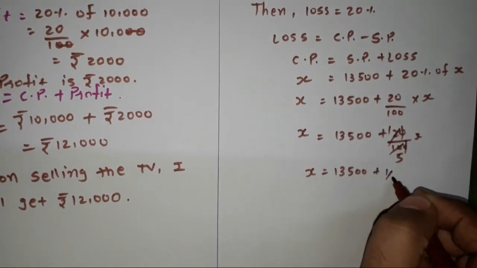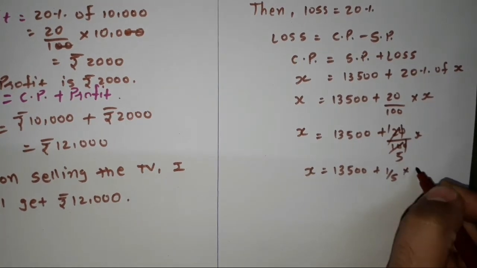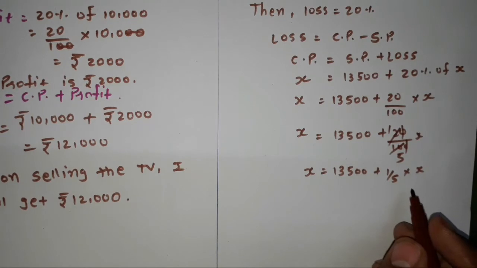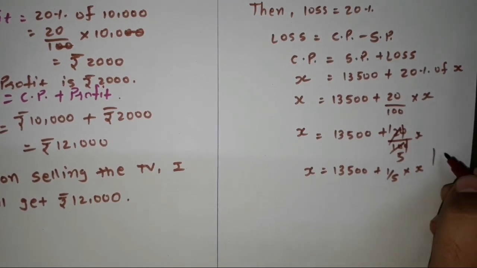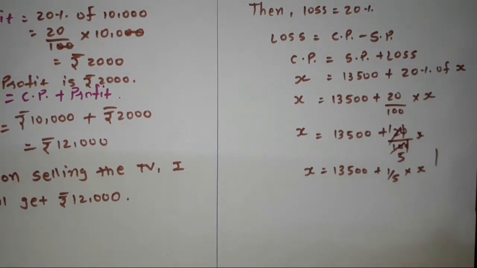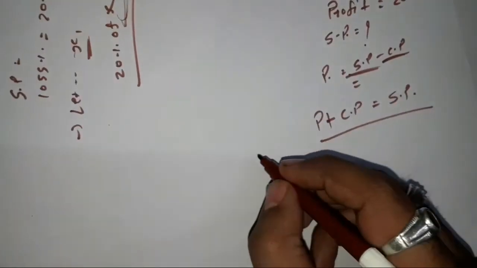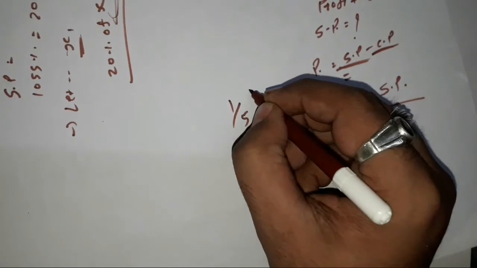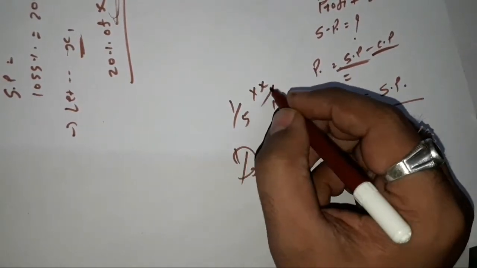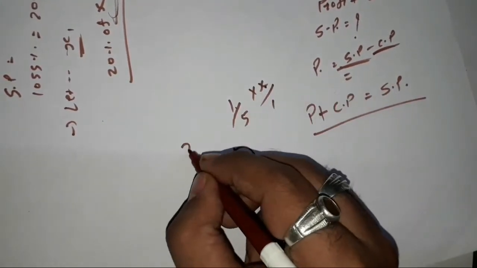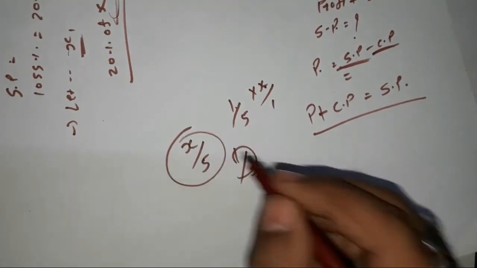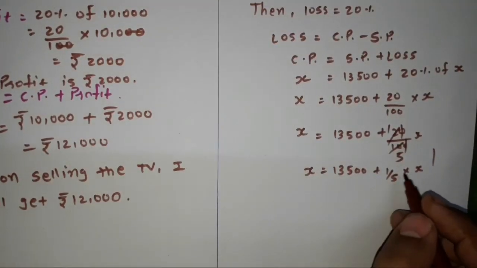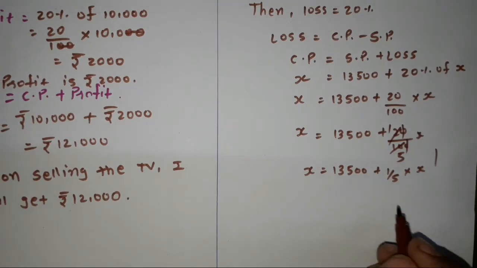For your better understanding, I can write 1 upon 5 multiplied by x as x upon 5. Similarly, x multiplied by 1 becomes x upon 5.